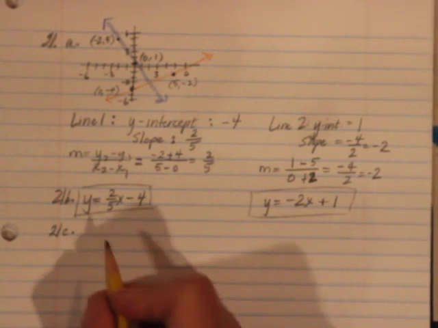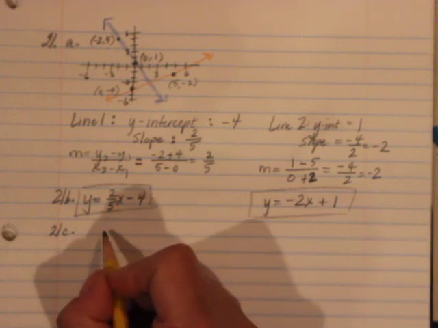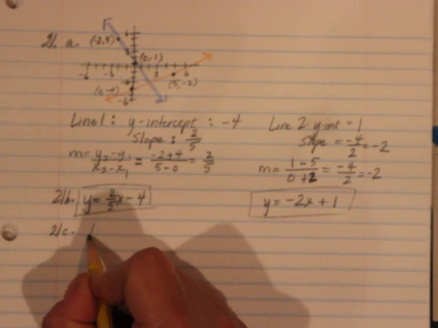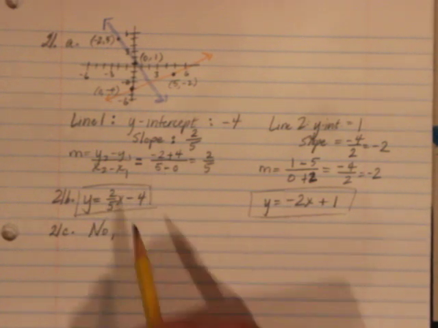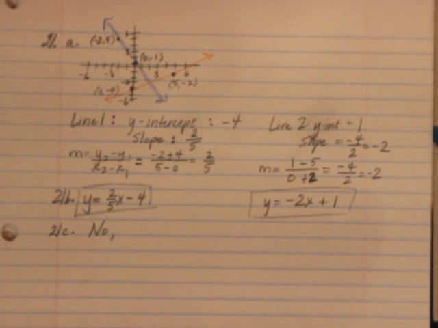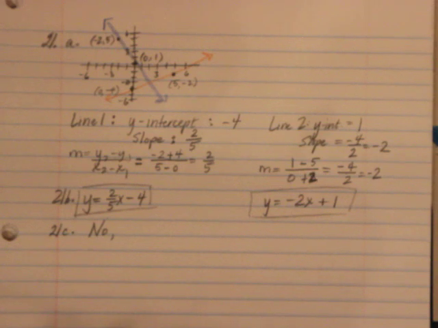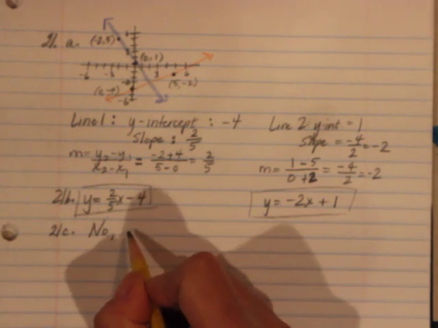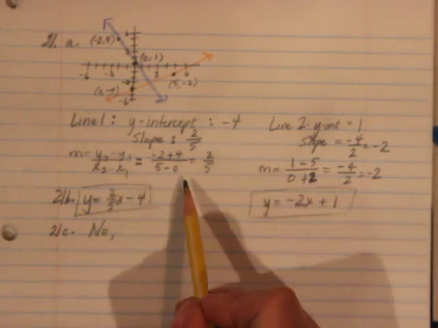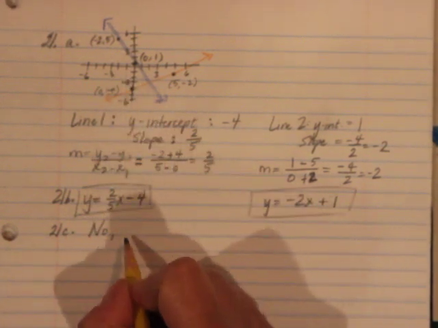Are they negative reciprocals? Are they perpendicular? The answer is no, because the slopes are not negative reciprocals. The negative reciprocal to 2/5 would be -5/2, and that's not what we have. They're close, but not quite there. So I needed to do that math, or be very careful with my graph to figure that out.